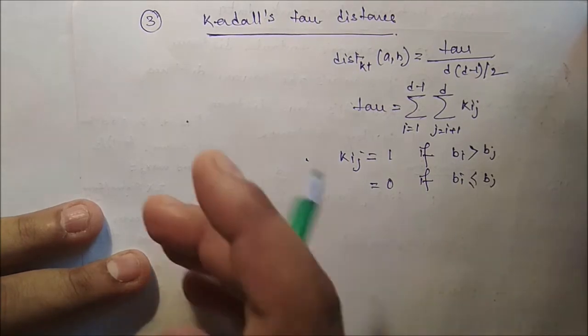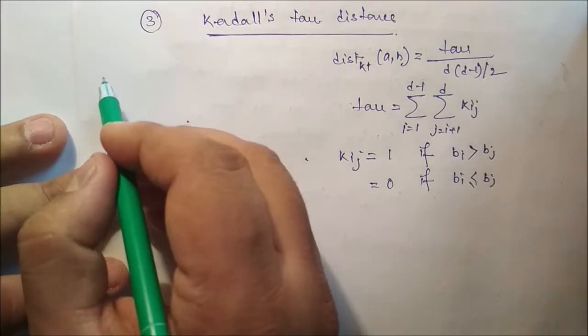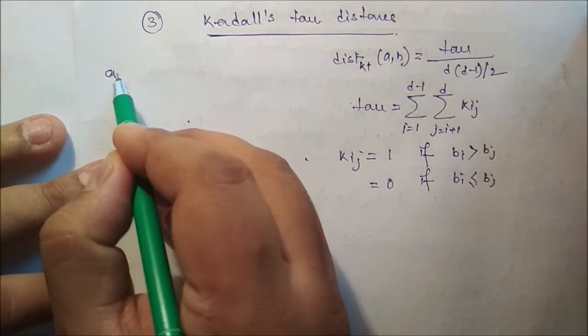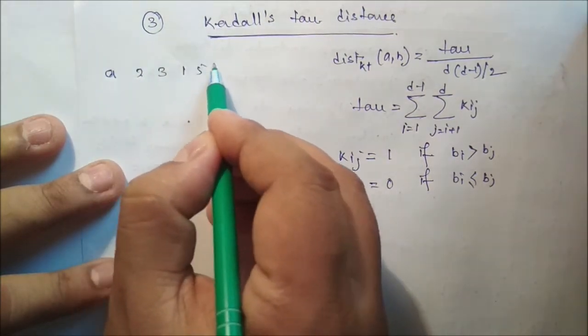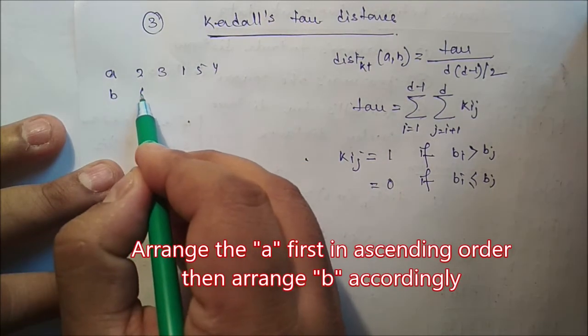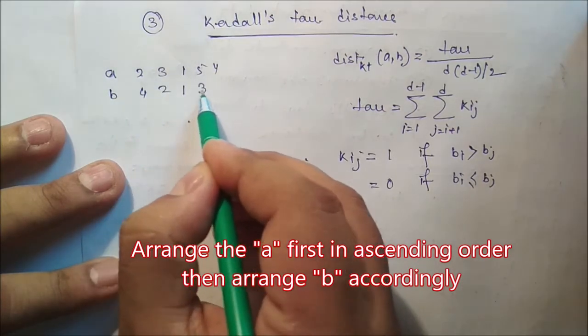So we have to see the example. Same example, suppose A is equal to 2, 3, 1, 5, 4 and B is equal to 4, 2, 1, 3, 5.